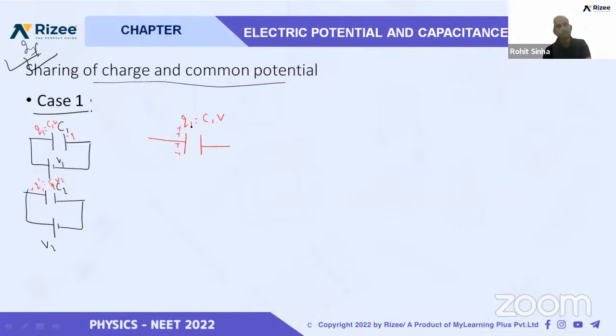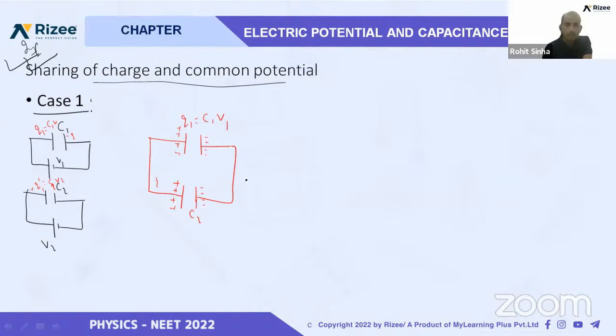Now we take this and join it with the other charged capacitor C2, such that their positive plates are on the same side and negative plates are on the same side.